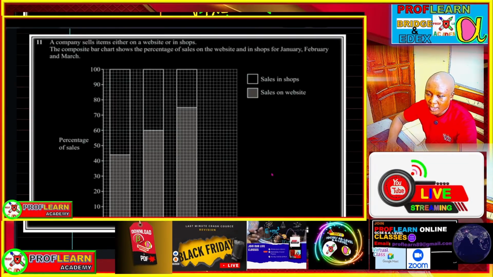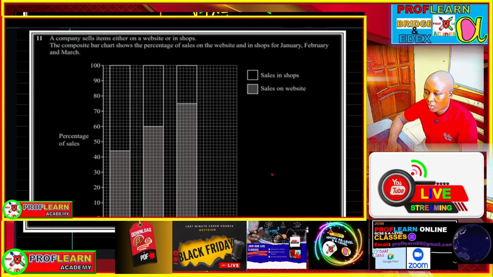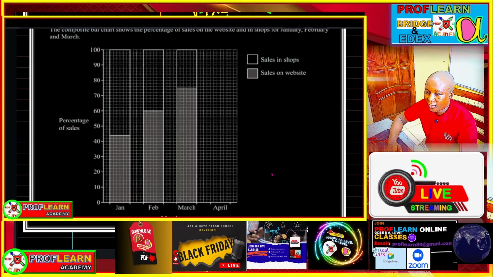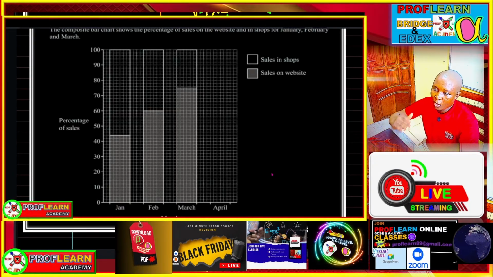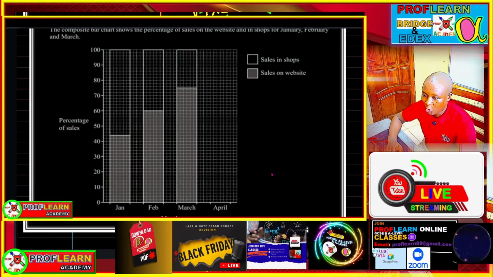Then you can see now we have percentage sales and also months. So you can see sales for the shops and the sales for the website. This is a compound bar graph, because the lower one is the sales for the website and the top one is the sales in the shop.